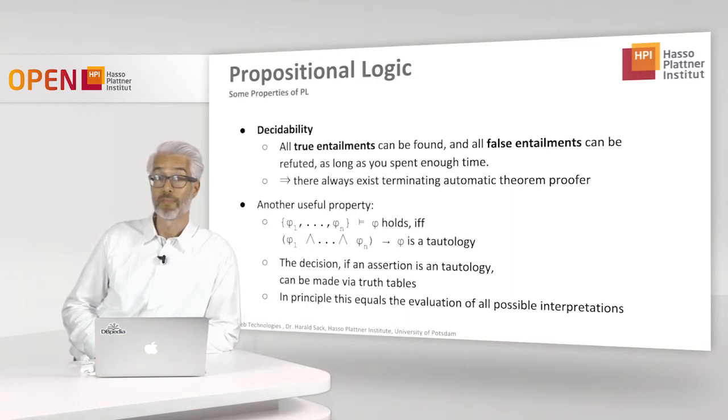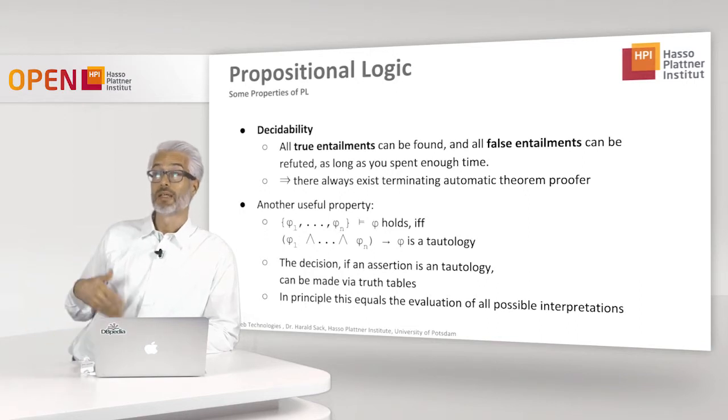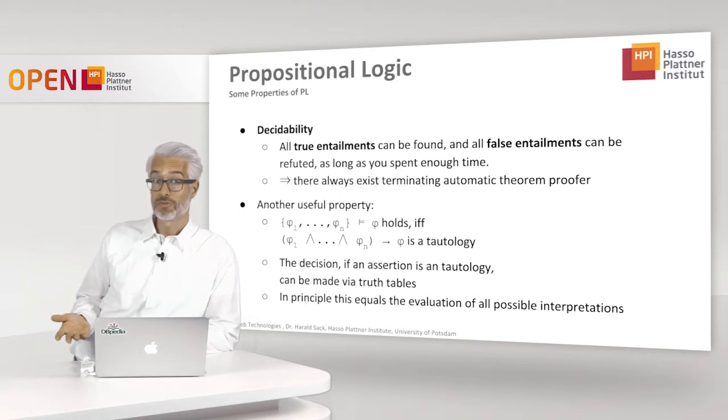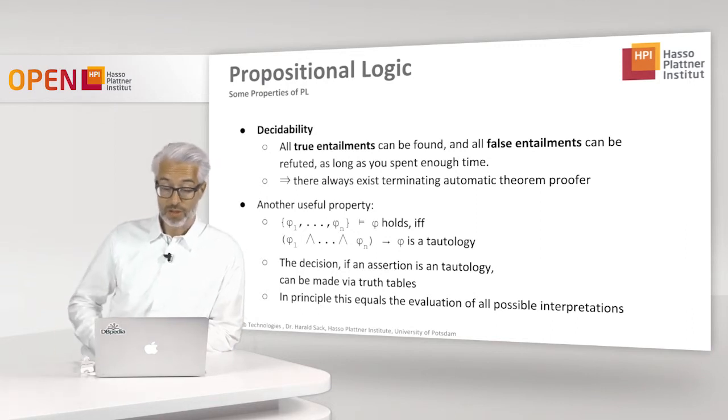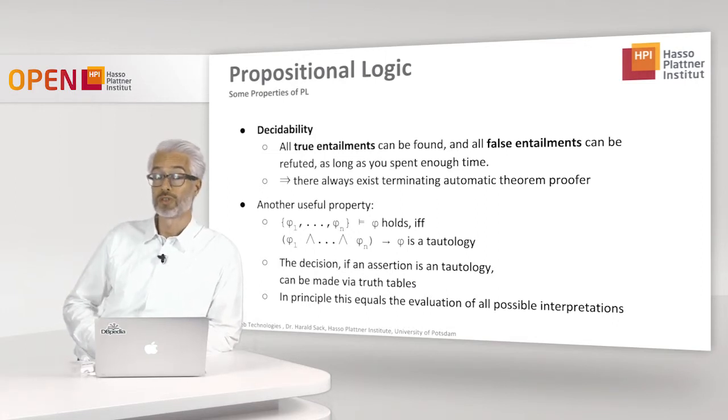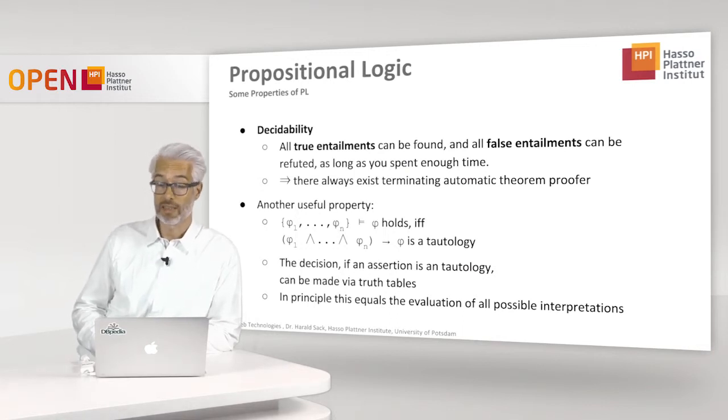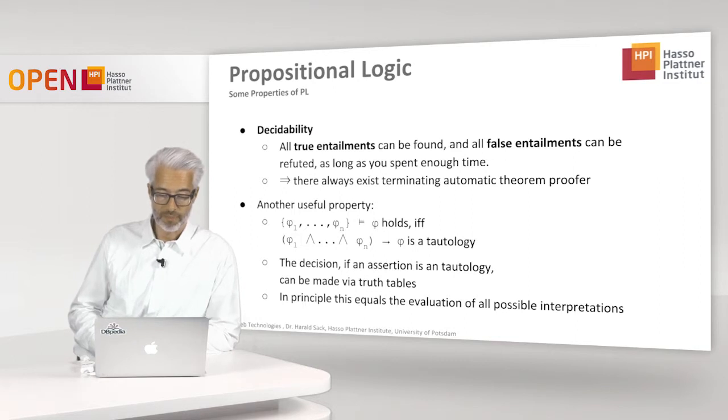So it's decidable, and this is, of course, in contrast to first-order logic, which is not decidable. For propositional logic, there always exist terminating automatic theorem provers, which is quite nice and handy, although sometimes the complexity or the runtime might be rather high.